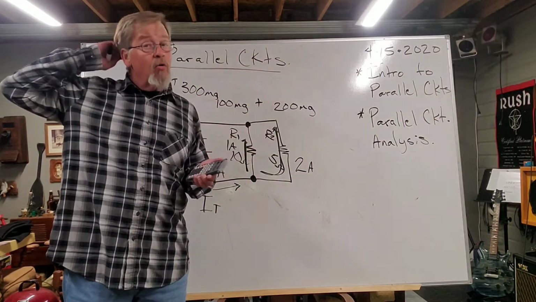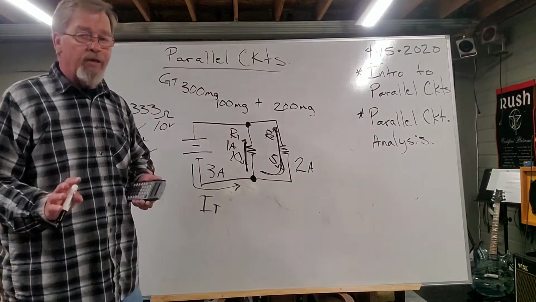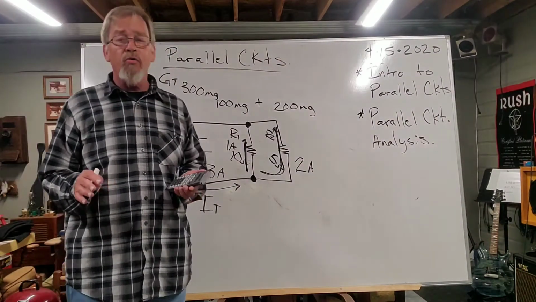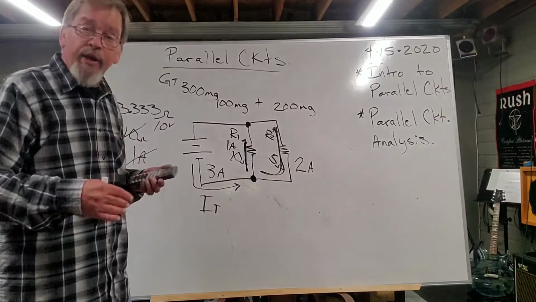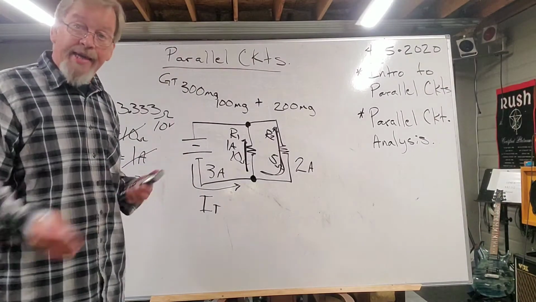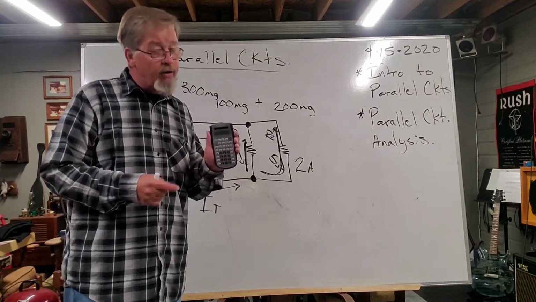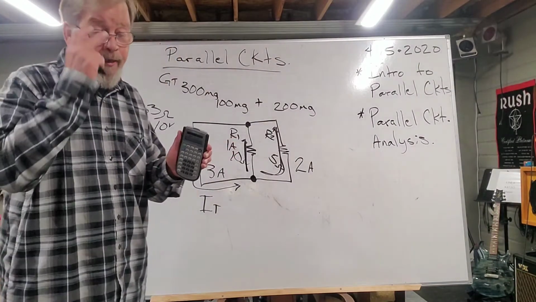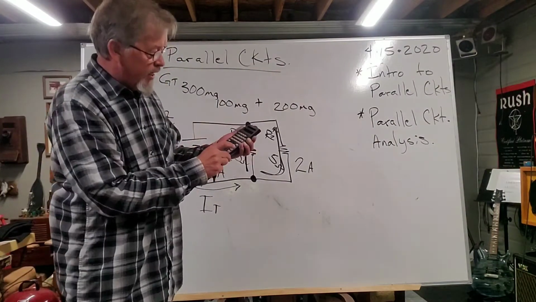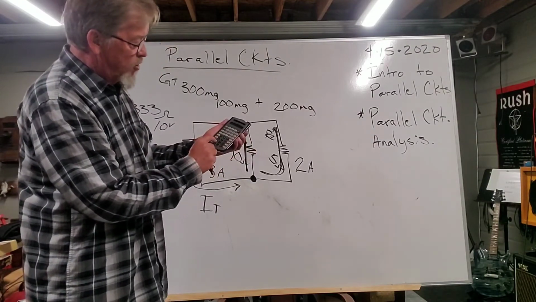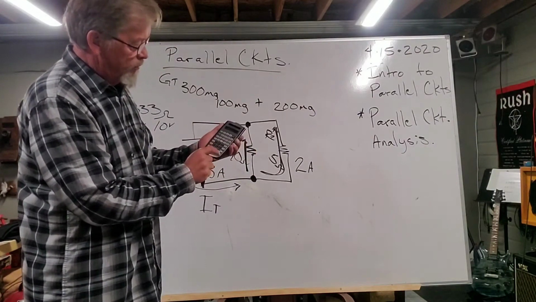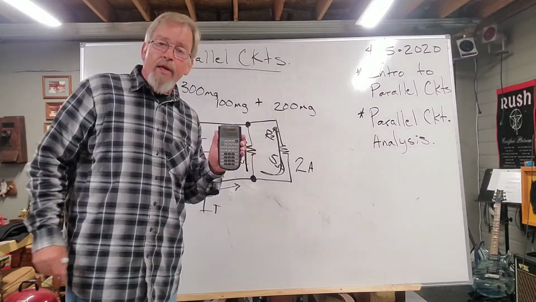Now this is total conductance. I don't want total conductance. I need total resistance. So how do we convert conductance back into resistance? Well, we hit the 1 over X key. I told you the 1 over X key is your buddy. And so I get my 300 millisiemens.